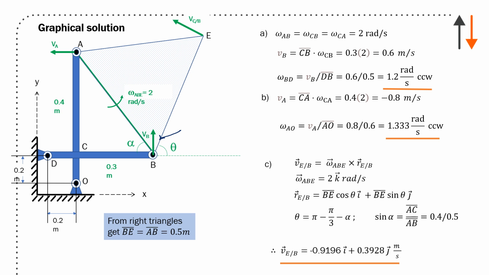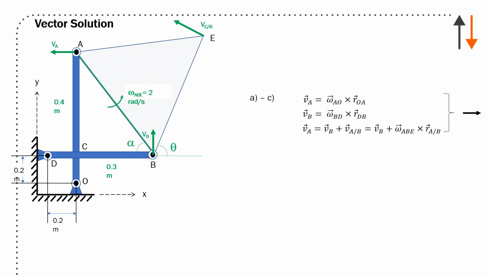Theta equals pi minus 3 minus alpha. Sine of alpha is 0.4 over 0.5. Substitute in all the terms, and you get this value of 0.92 on the i, 0.4 on the j, in meters per second, for velocity of E relative to B.